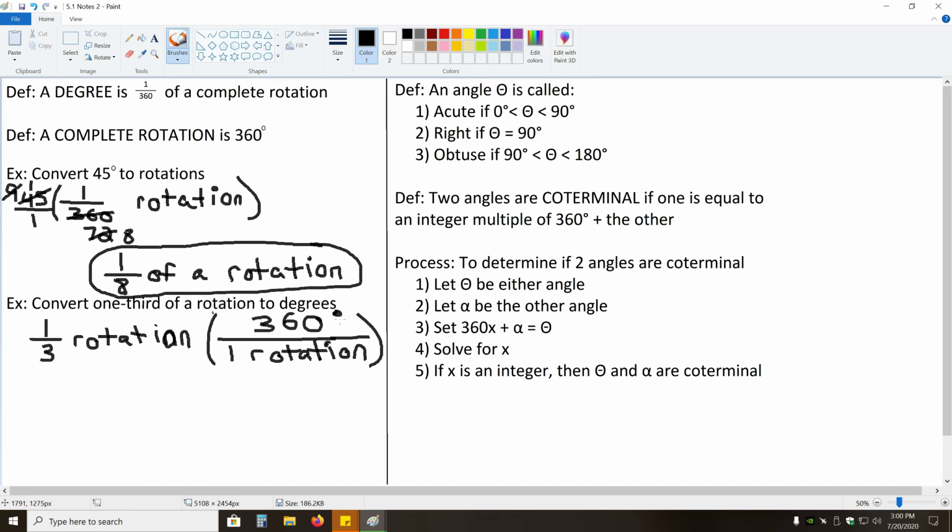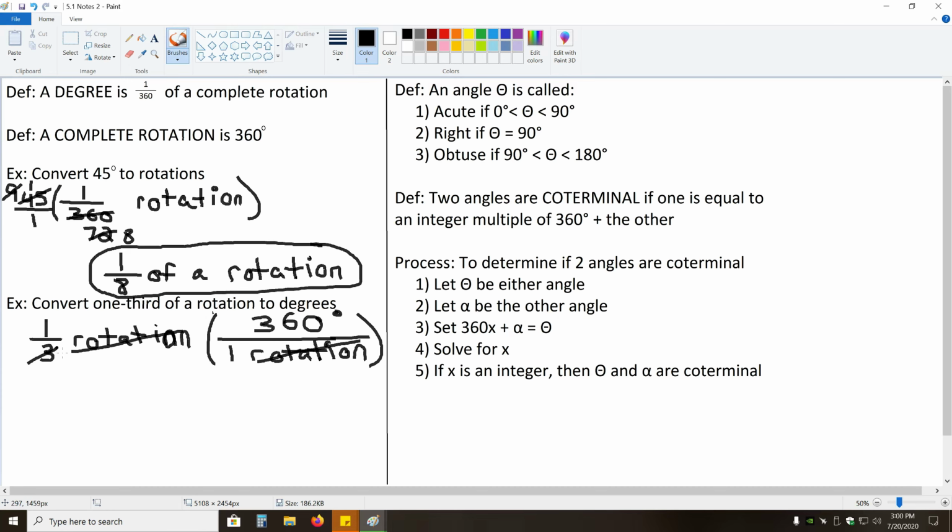360 degrees. It's perfectly okay if you didn't write it out like this when you did your work. I'm just showing exactly what's going on here. If you just took 1/3 and multiplied it by 360 degrees, you're still doing the right process here. But this rotation will now cancel out with this rotation, meaning we are just left with degrees as our units. And now we have 1/3 times 360 degrees over 1.